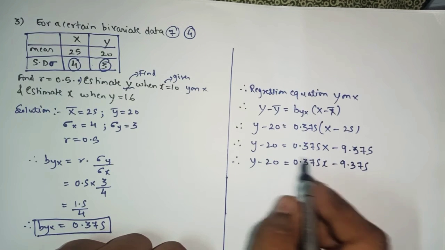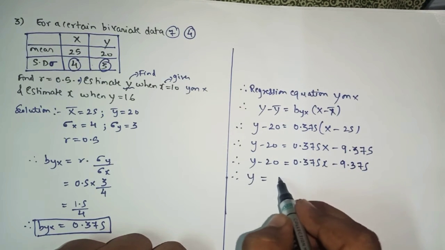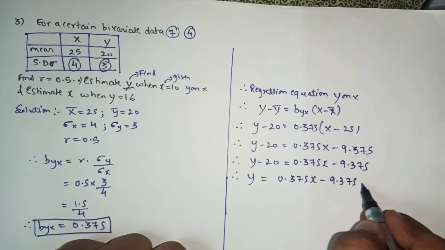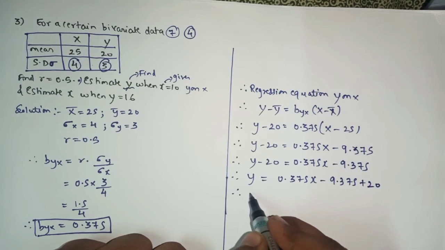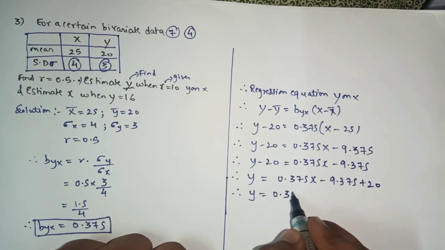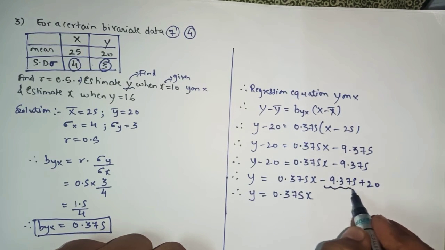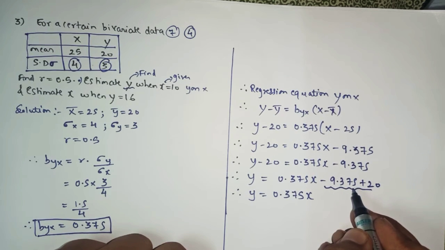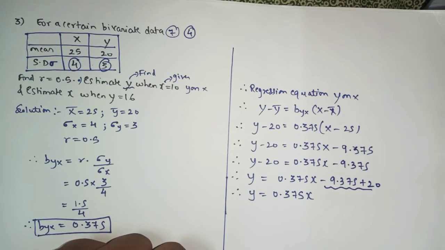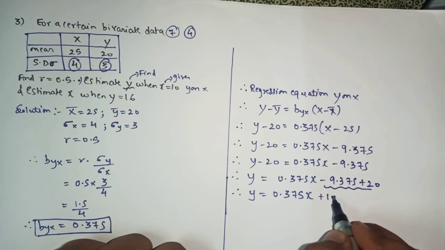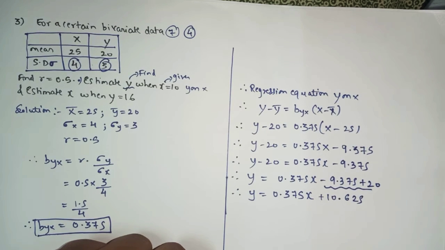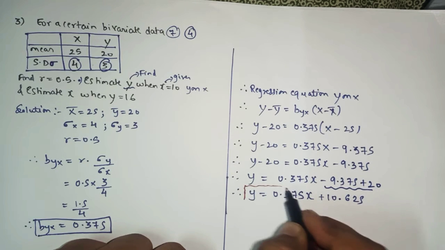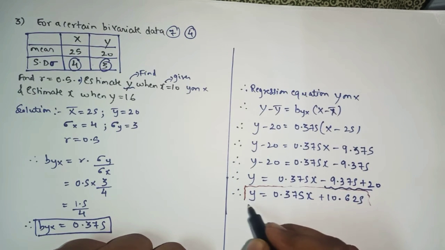We shift the minus 20 to the other side, so y equals 0.375x minus 9.375 plus 20. So y equals 0.375x plus 10.625. So here we got the regression equation y on x.